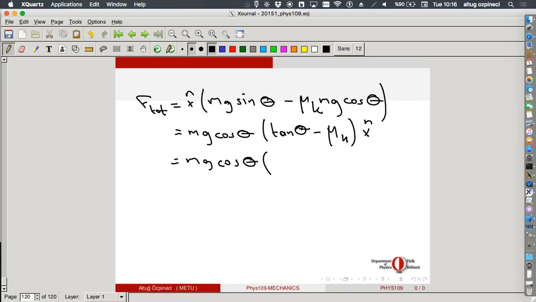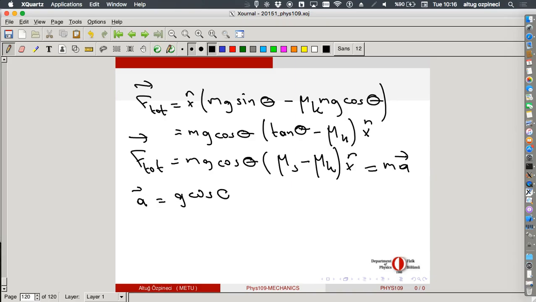Well, for the value of theta that we have chosen, tangent theta is nothing but mu s. So it is mg cosine theta times mu s minus mu k. This is the total force in the x direction. This should be equal to mass times the acceleration of the object. So we know the acceleration: g times cosine theta, mu s minus mu k.